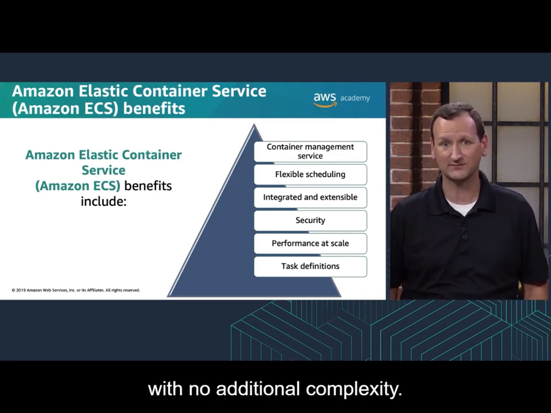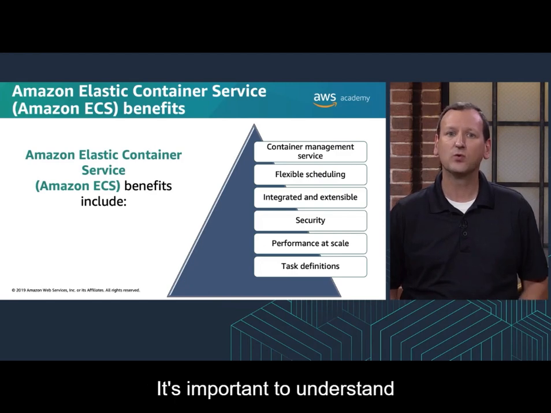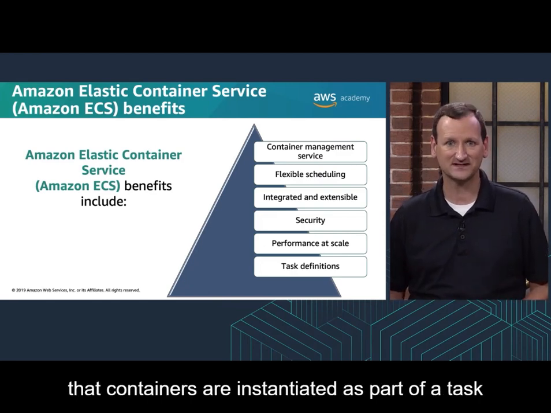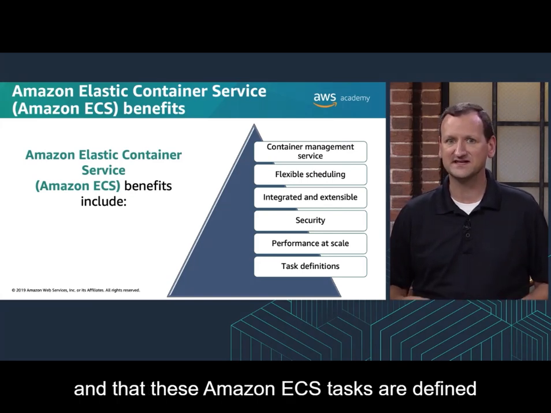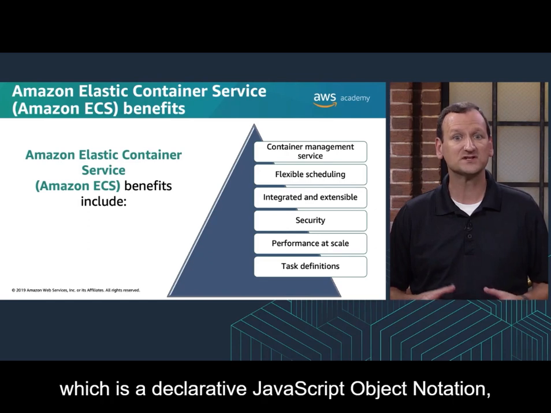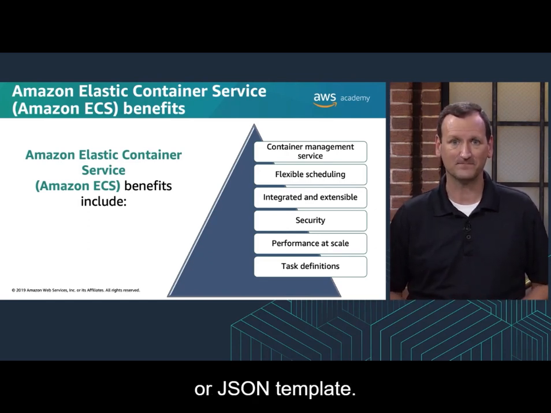It's important to understand that containers are instantiated as part of a task, and that these Amazon ECS tasks are defined through a task definition, which is a declarative JavaScript object notation, or JSON, template.